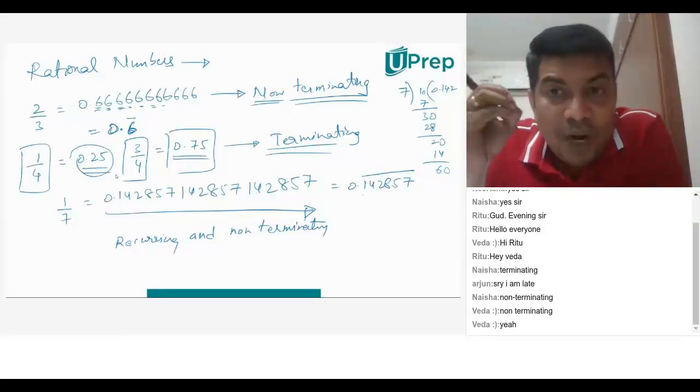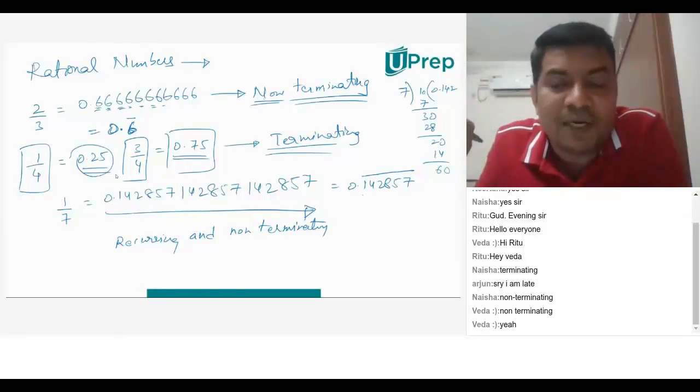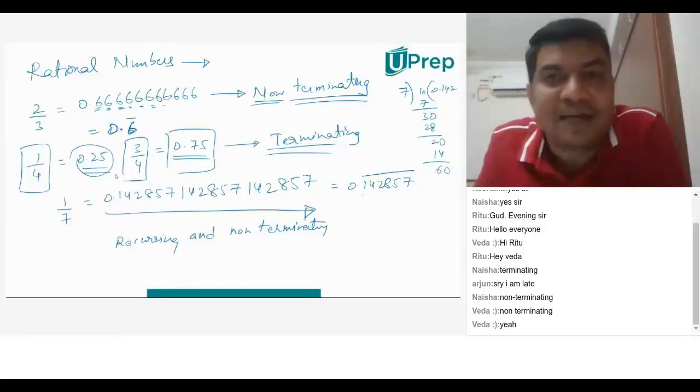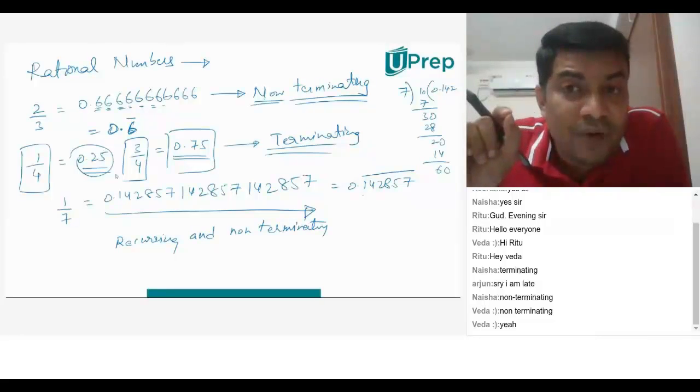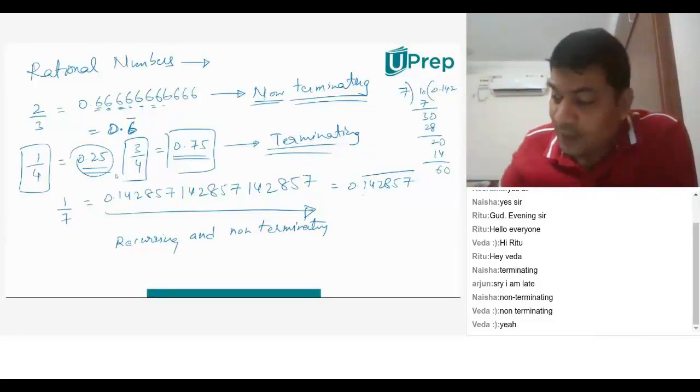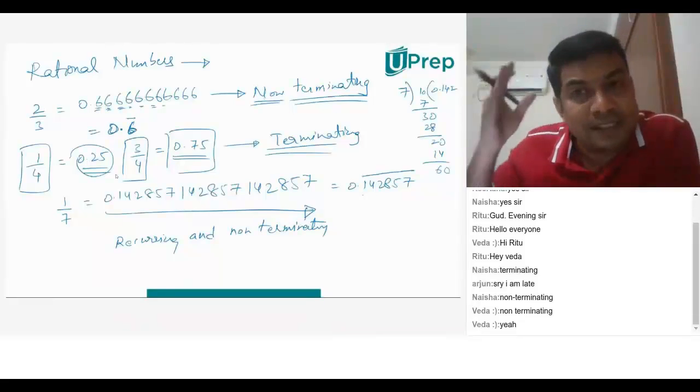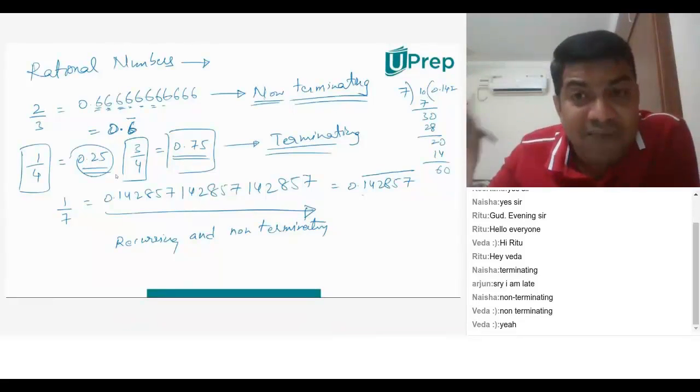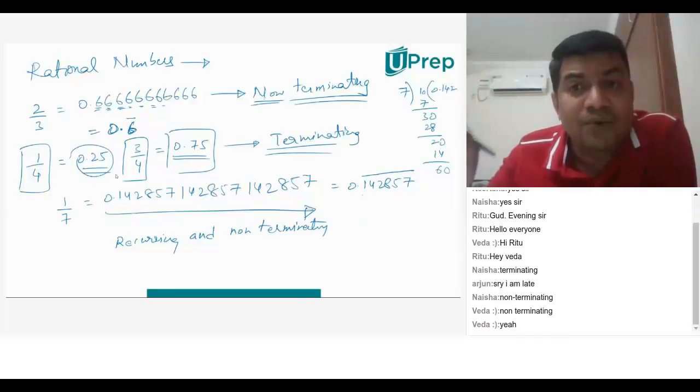The kids who understand actually understand mathematics. So when I say terminating, 0.75 is ending. There is a defined value, so it's a rational number.